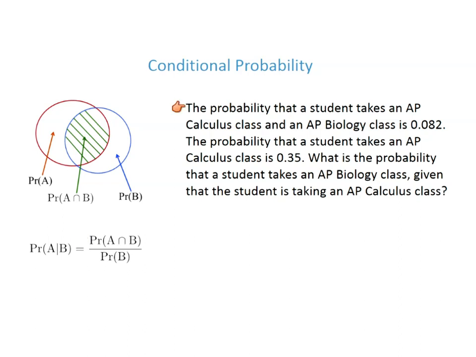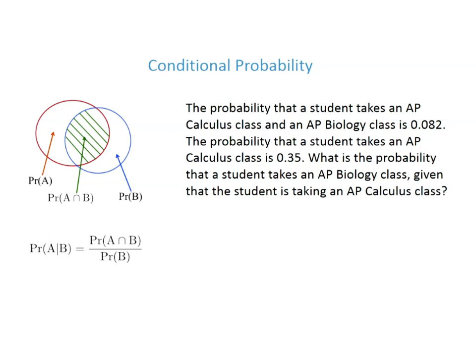The probability that a student takes an AP calculus class and an AP biology class is 0.082. The probability that a student takes an AP calculus class is 0.35. What's the probability that a student takes an AP bio class given that the student is taking AP Calc?